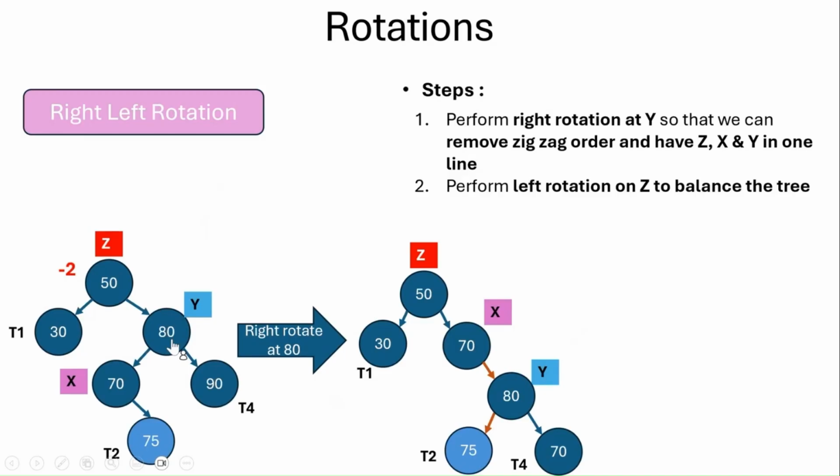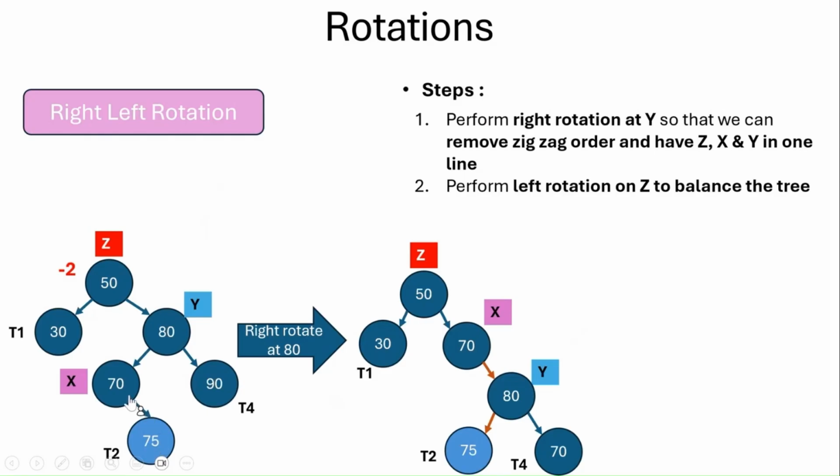So in the right rotation, 80 becomes the right side. The left child of 80 becomes the new root, which is 70. Now 80 becomes the right child of 70. That's why this link is broken. So where will 75 go according to the right rotation?